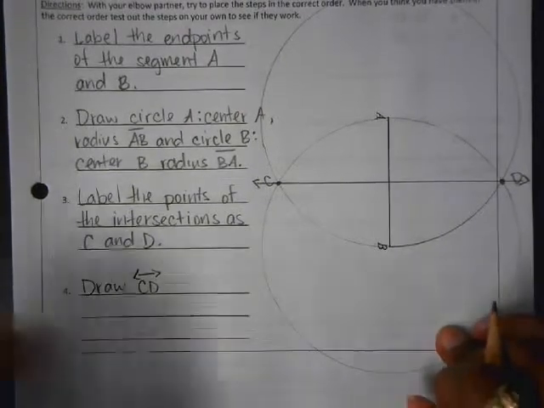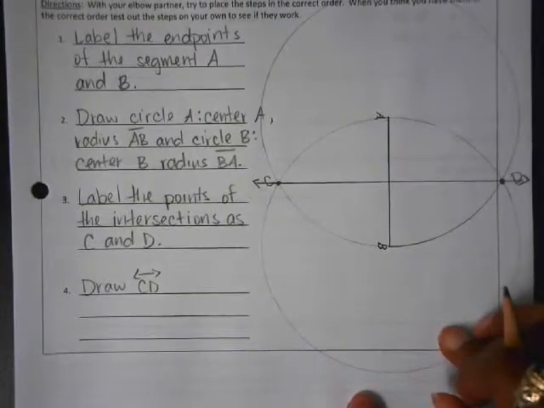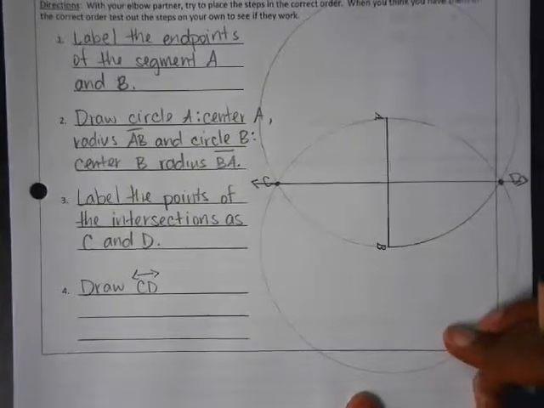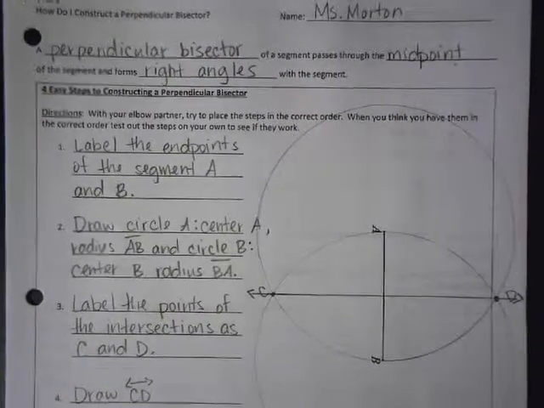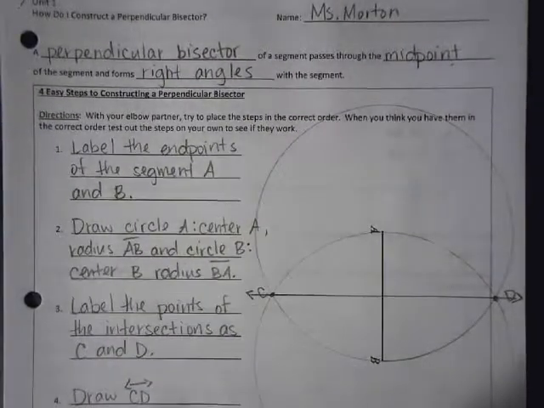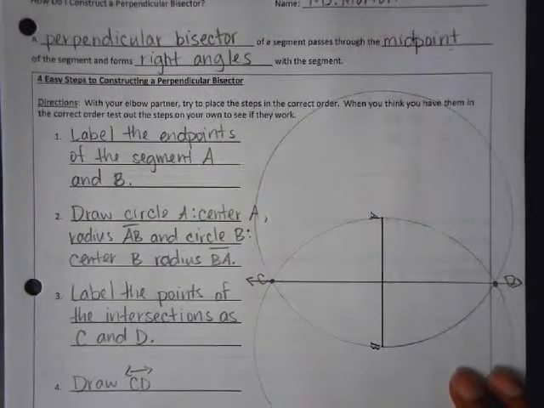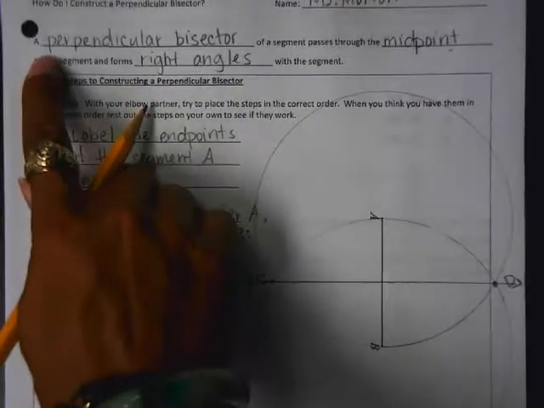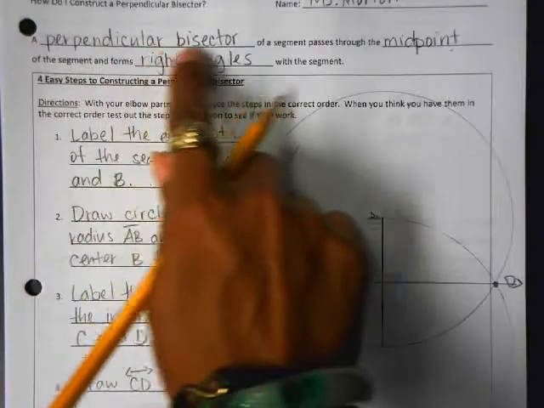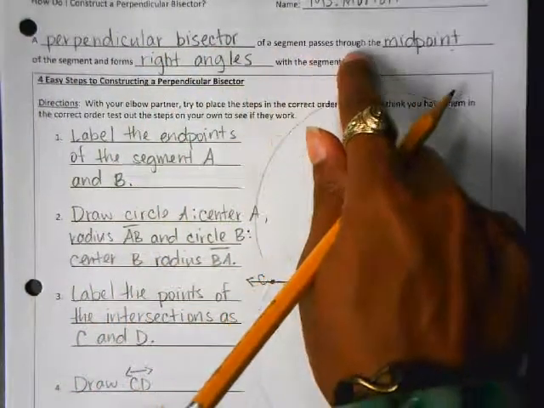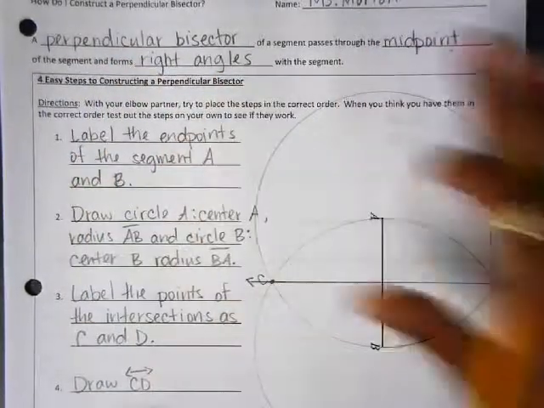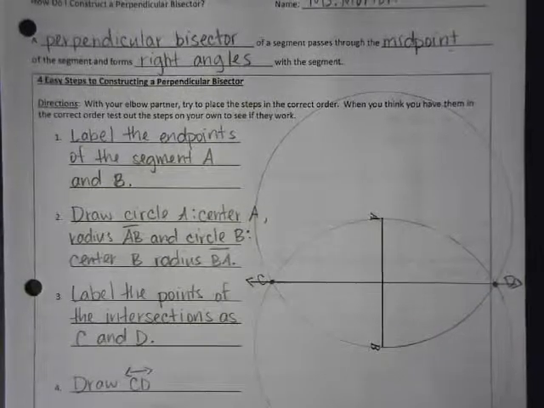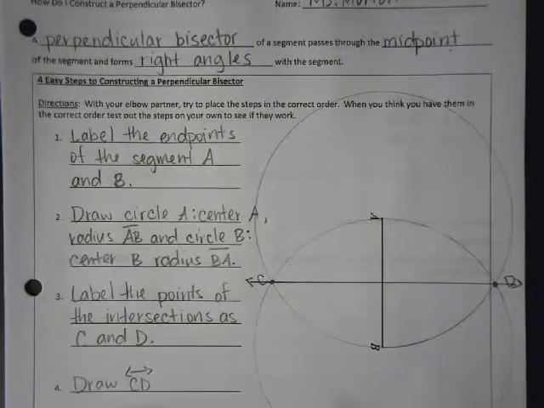Now, since these are our notes, I want us to go back to the sentence on top and make sure we completely understand every single part of this picture. The sentence says, a perpendicular bisector of a segment passes through the midpoint of the segment and forms right angles with the segment. Looking at this picture, I want to identify the perpendicular bisector. What is the perpendicular bisector, Miriam?